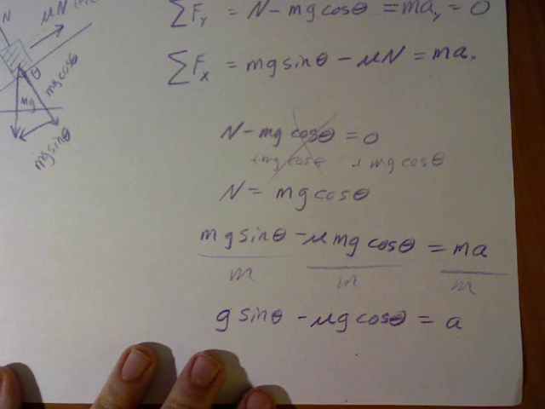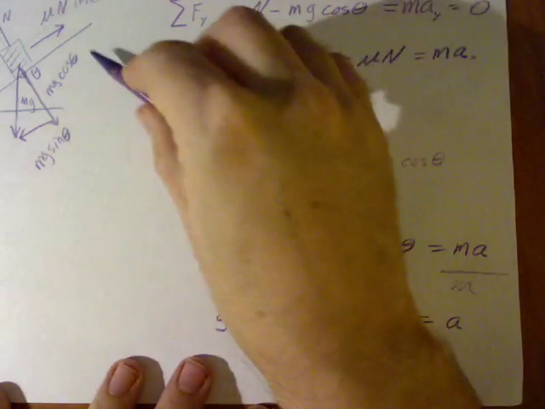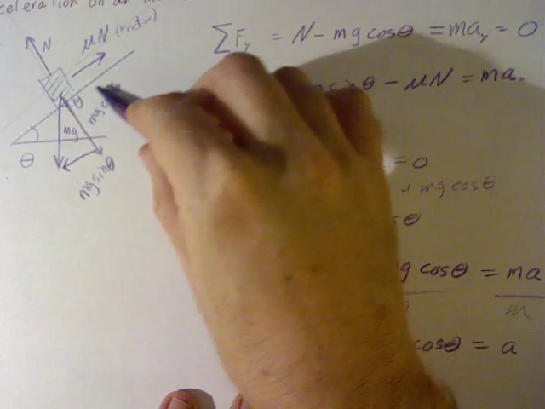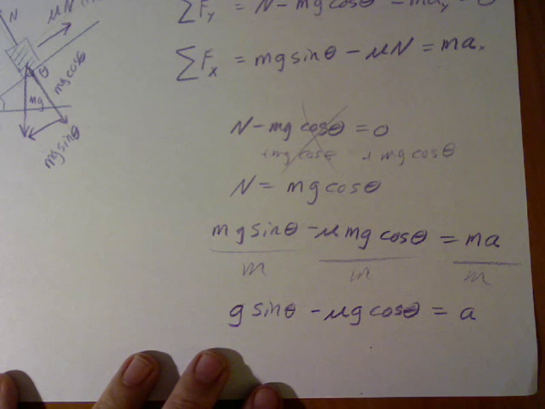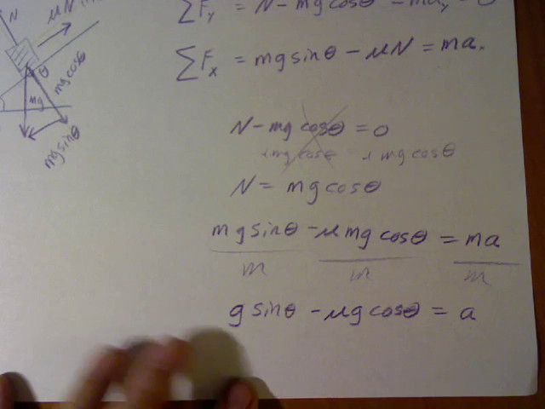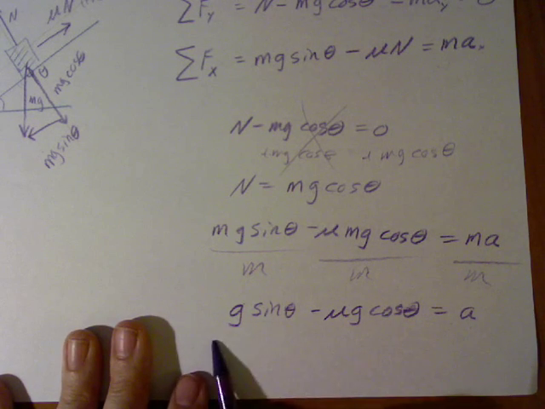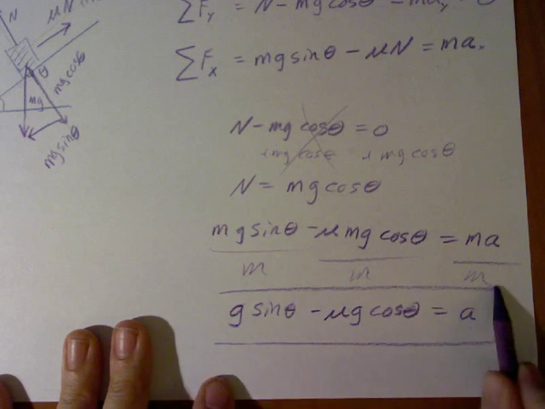If the block is already moving down the incline, it will continue until it slows down and stops. In which case, the block will not move. But in general, this is our solution.